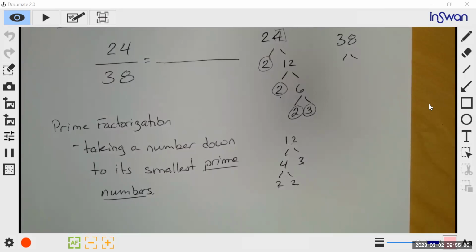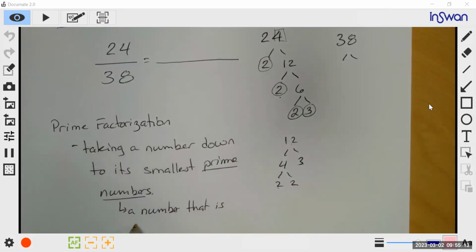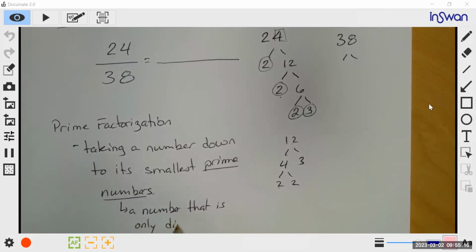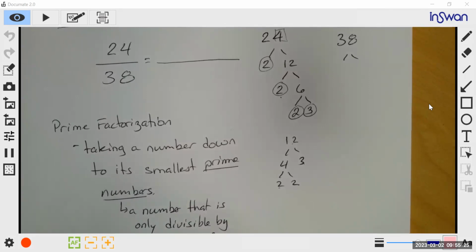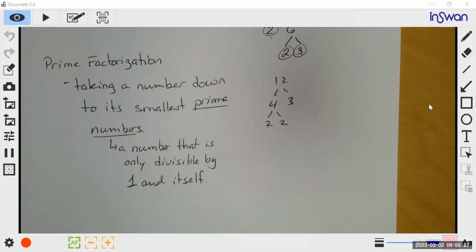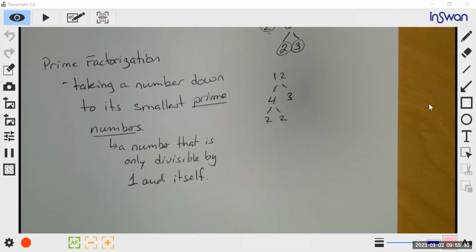A prime number is a number that is only divisible by 1 and itself. A prime number is a number that can only be divided by itself or 1.